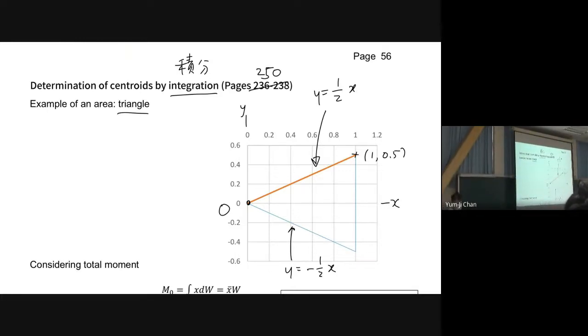What else can I write here? Let me mark one more thing here. For integration, I will go forward like this, and we will consider one stripe here.